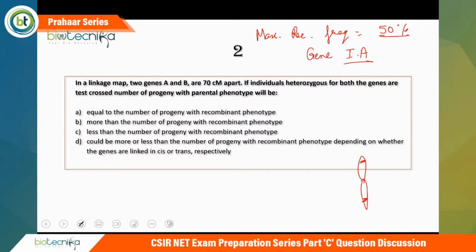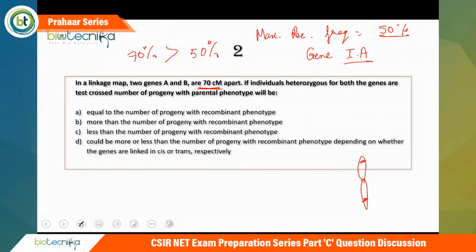As long as the genes are linked, the recombinant frequency will be lesser than the parental frequency. But when the genes are 70 centimorgan apart, it means 70% is the recombination frequency, which is greater than 50%.